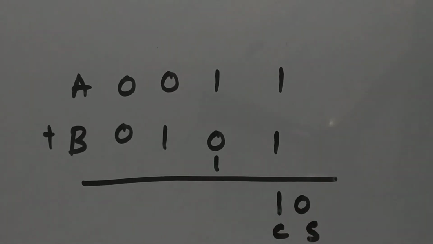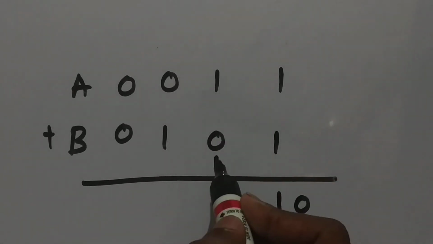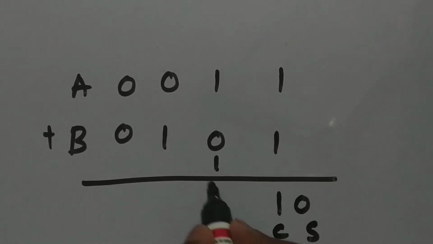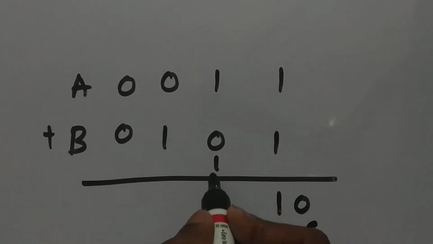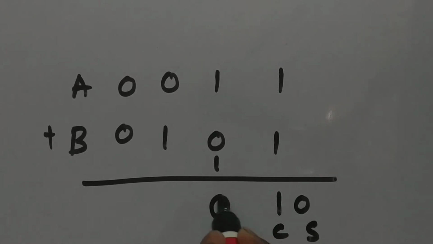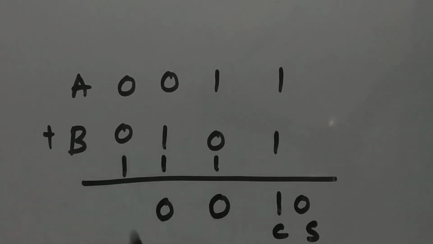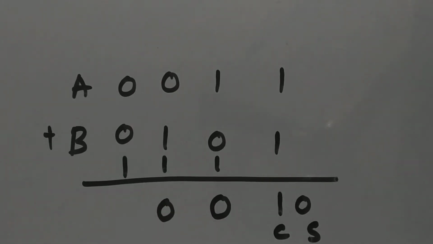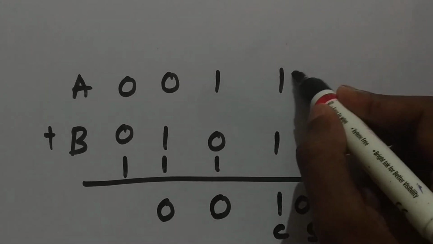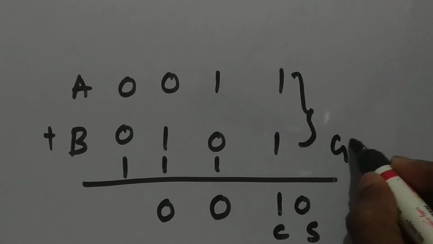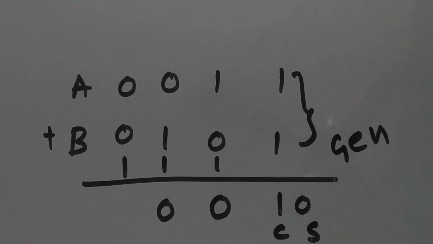Now if the carry is over here, what does this combination do? 1 and 0 will propagate this carry to the next one. So the value will be 0 and 1. From this small example, I want you to understand that whenever both A and B are 1, the carry is generated.